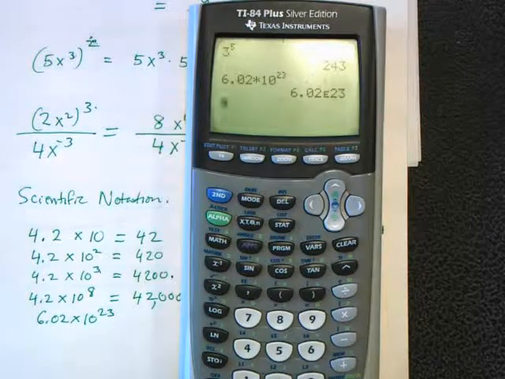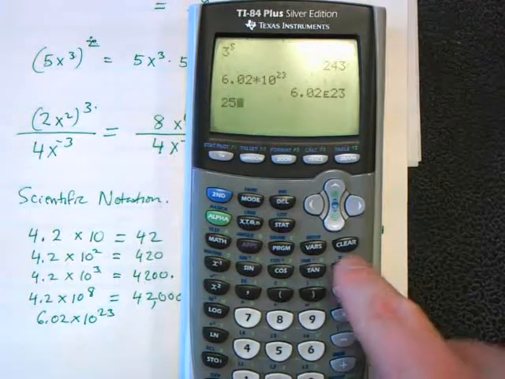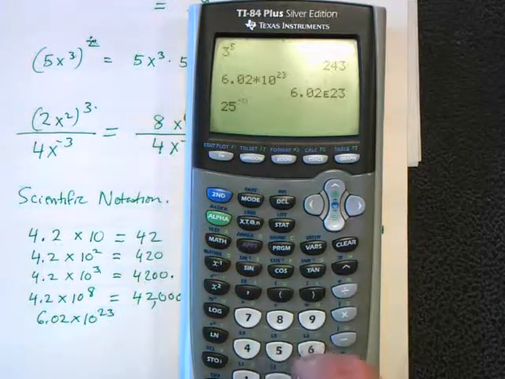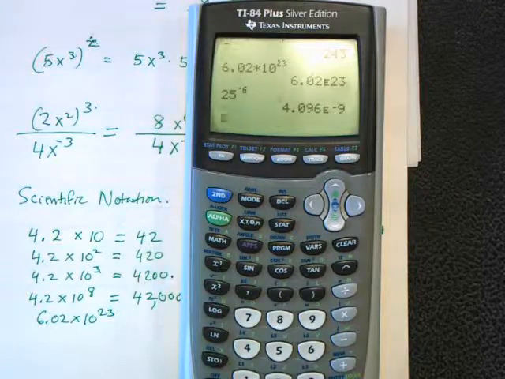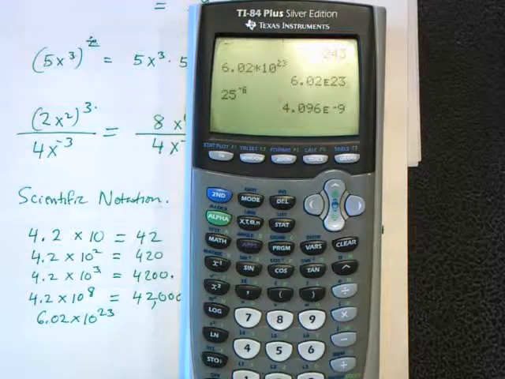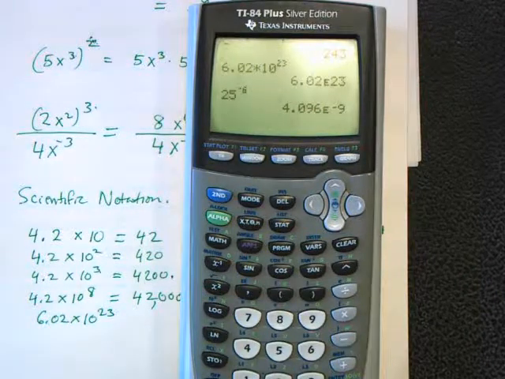So if you ever take your calculator and you have a really small number, like if you do, I don't know, 25 raised to the -6 maybe, your calculator quite often will put that in scientific notation. So how would we write that in standard notation? 0.804096.